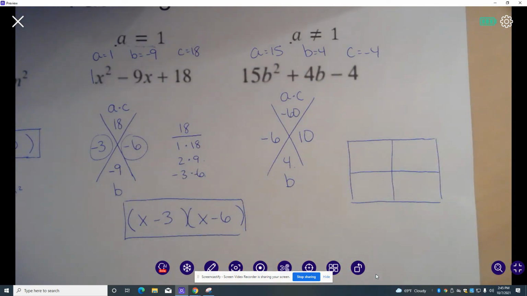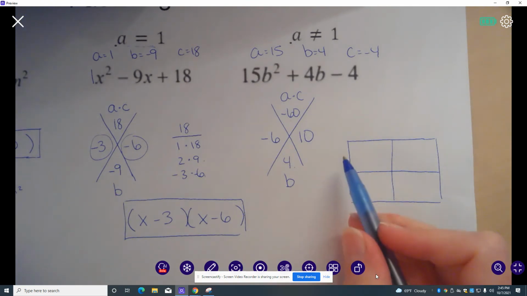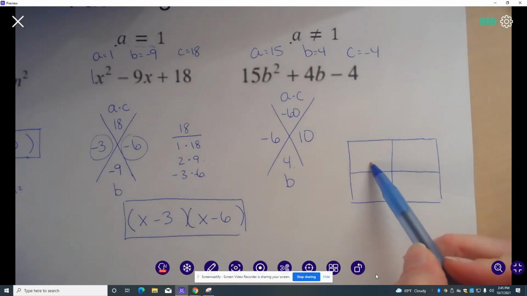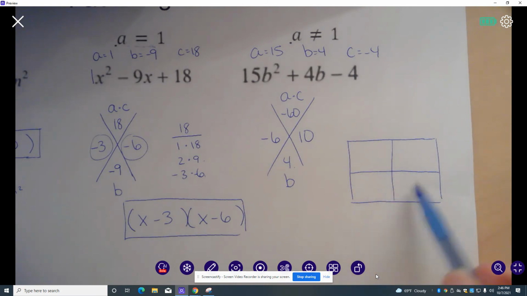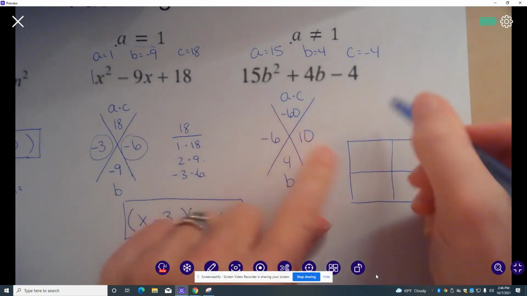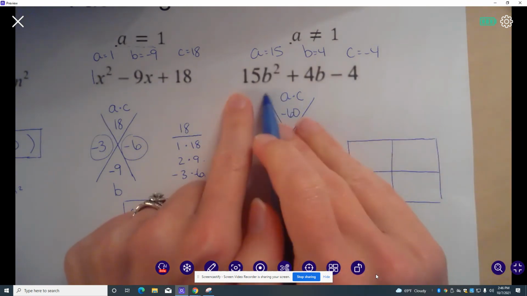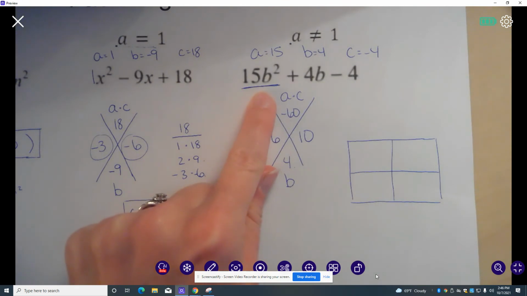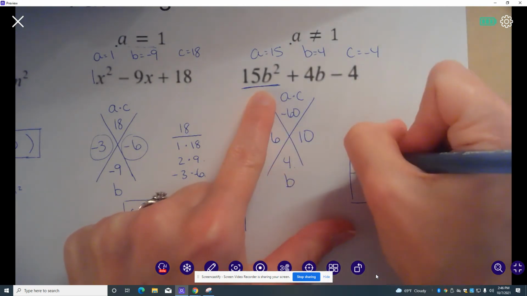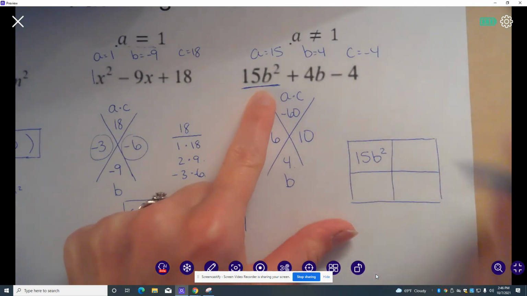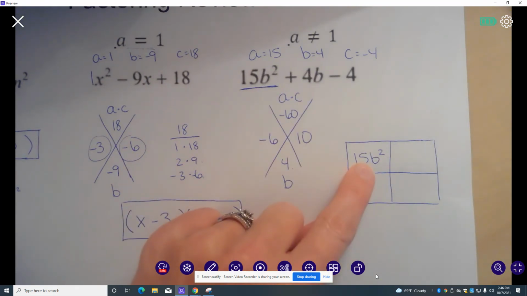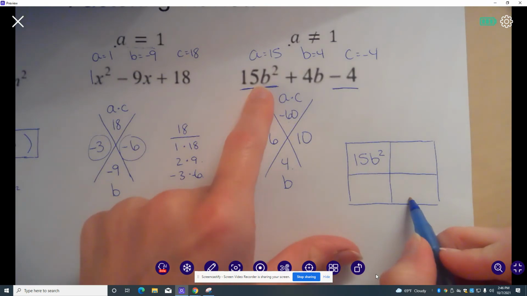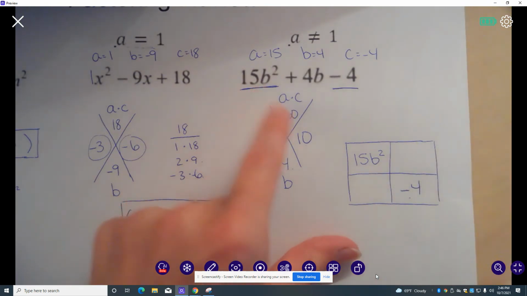So this time we're not multiplying. We have our terms already. So the terms that we're going to write, they're going to go inside the box here. In this first box, this term is going to go in the first box. So 15b squared will go in that first box. C will go in the last box here, so -4.